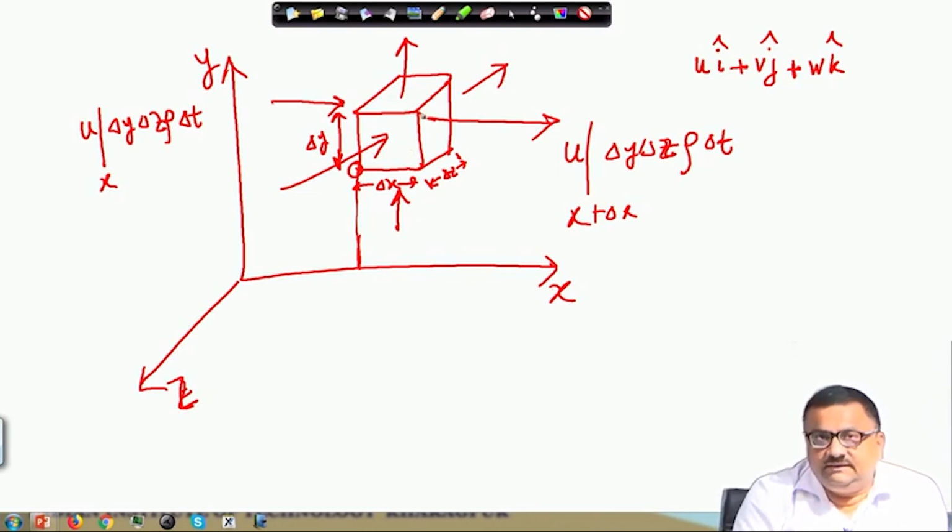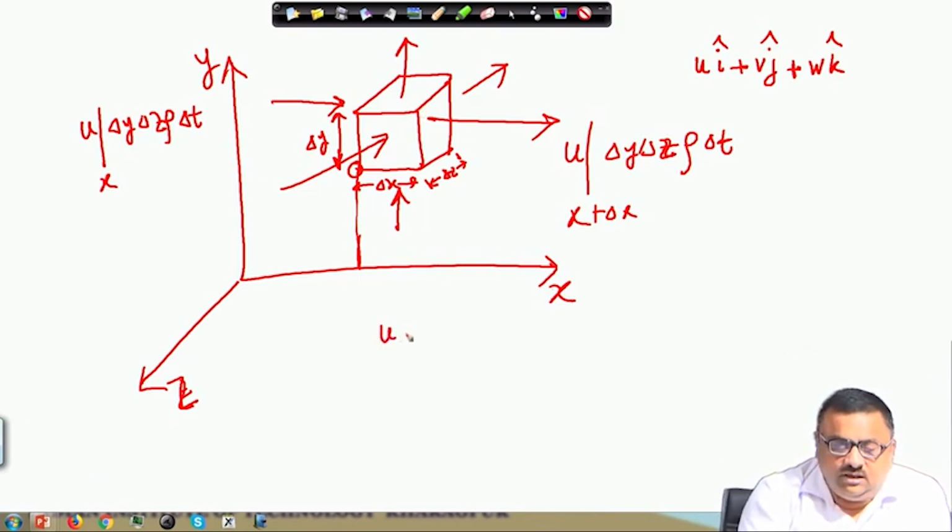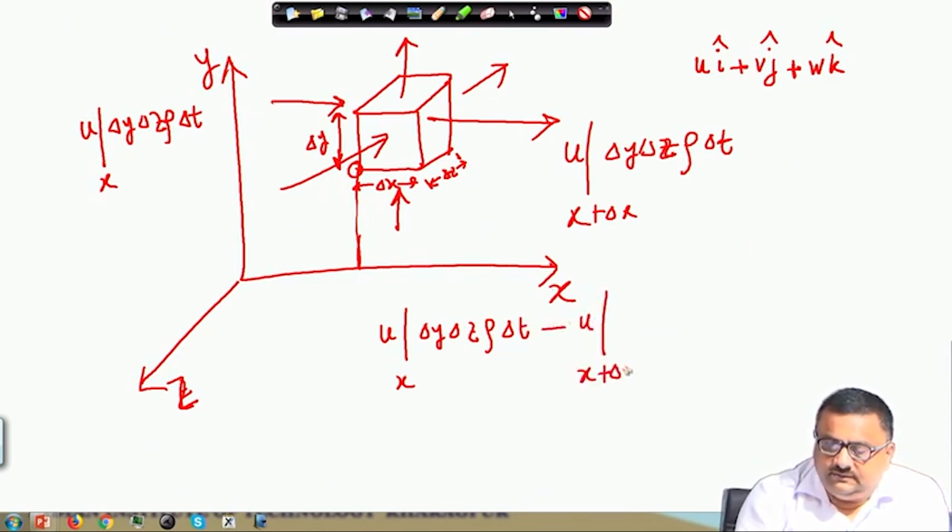If you expand this, it would be u at x delta y delta z rho delta t minus u at x plus delta x delta y delta z rho delta t.